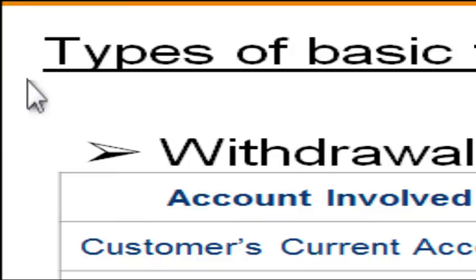In a scenario like that, the customer's account is debited while the ATM account, because the ATM is also a teller and every ATM has a till, so the ATM account is credited with the narration being cash withdrawal at the ATM. Thank you.